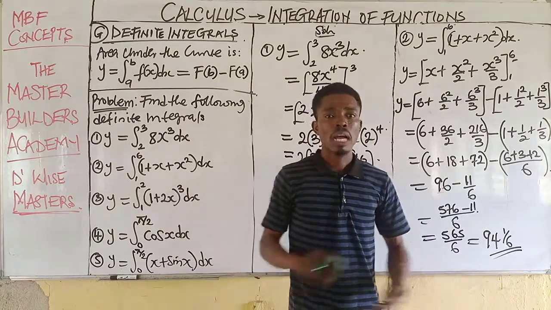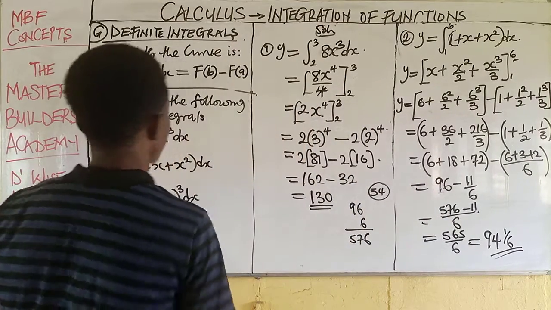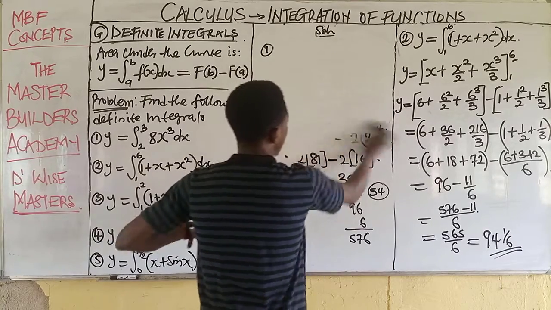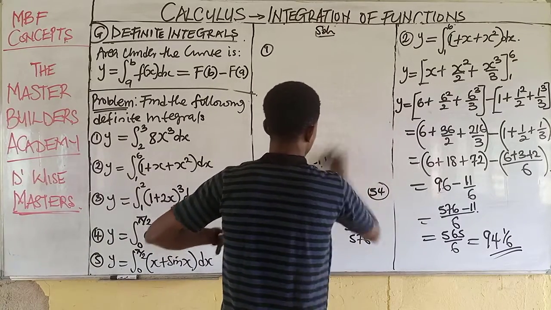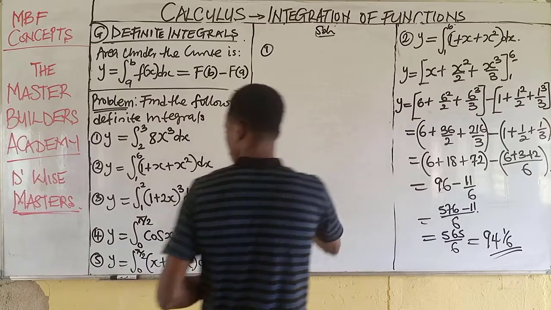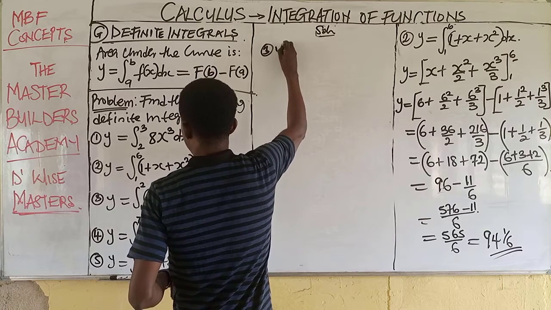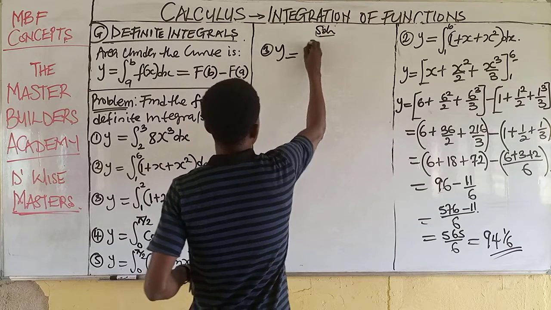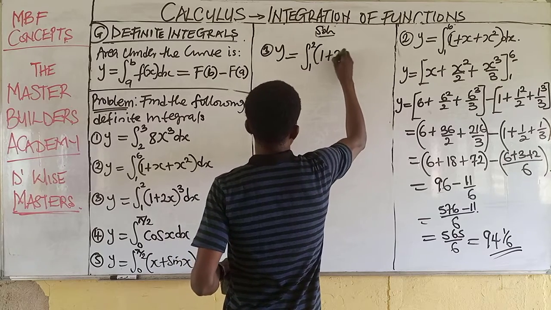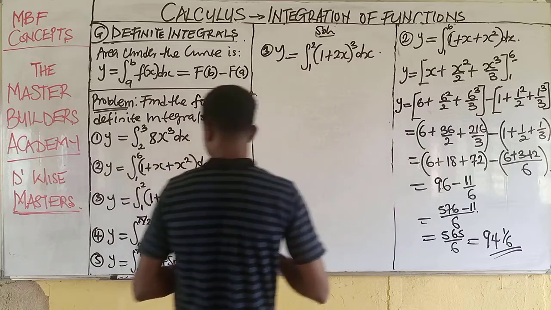Now guys, let's look at question number 3 very quickly. Question 3, we have y equal to the integral from 1 to 2 of (1 plus 2x) exponent 3 dx.